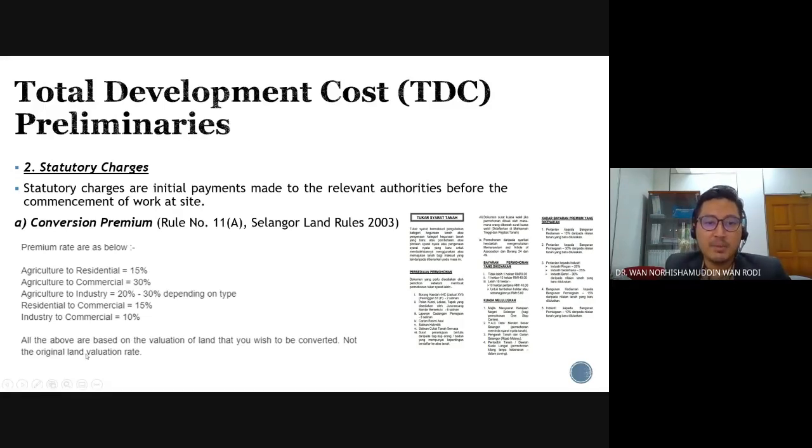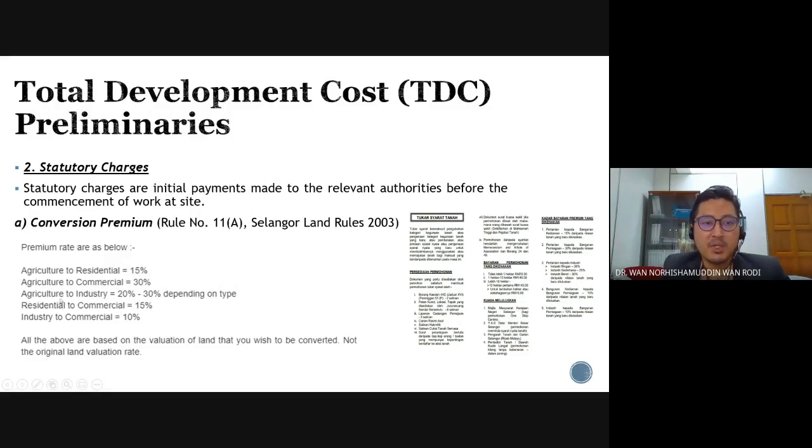If you read here, all the above are based on the valuation of the land that you wish to convert, not the original land valuation rate. So you have to pay between 15% to 30% premium rate. You can also open up Google and search for tukar syarat tanah. Within the document, you can see several procedures, payments, and also the premium payment that has been imposed on the site.